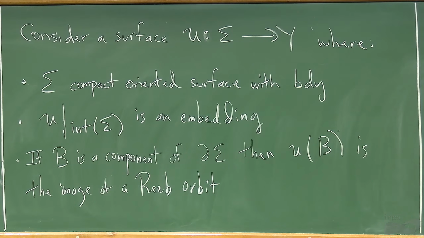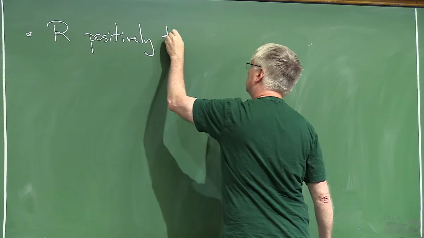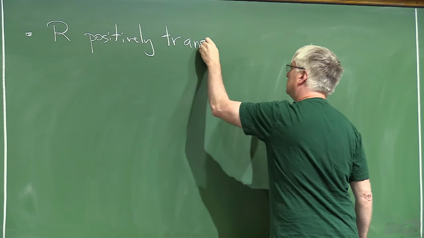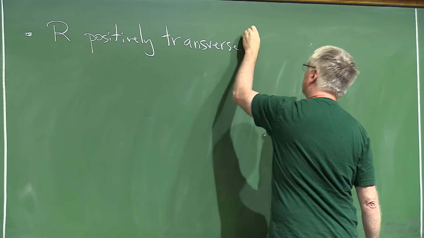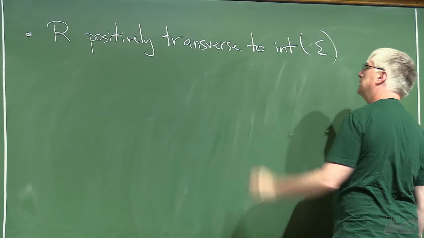And I want the Reeb vector field to be positively transverse to the interior of sigma.